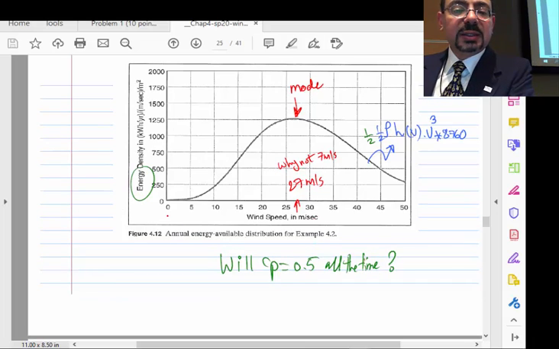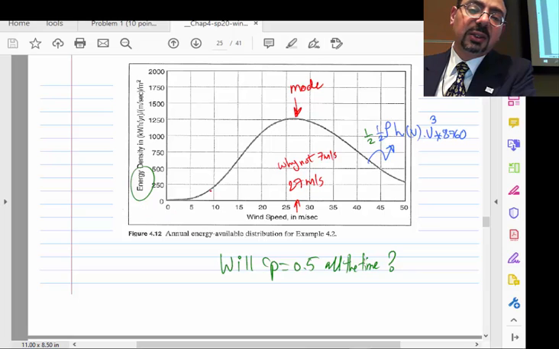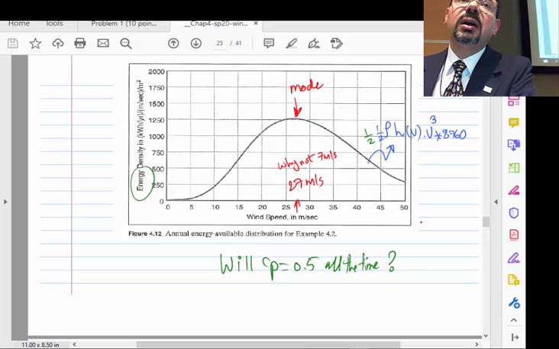Alright, so this is the energy output that he put after he did the integration. It will be like this, and that shows us that at the maximum velocity, when the velocity really goes high, there are usually not that many hours where the velocity gets that high.